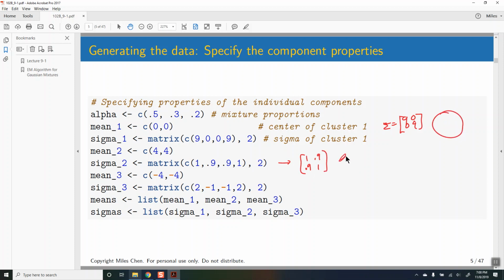This one has matrix 1, 0.9, 0.9, 1, so there's high covariance, and it's going to be an ellipse. And this one has negative covariance: 2, -1, -1, 2, and it's going to look like this. And these are centered at -4, -4, 4, 4, and 0, 0.